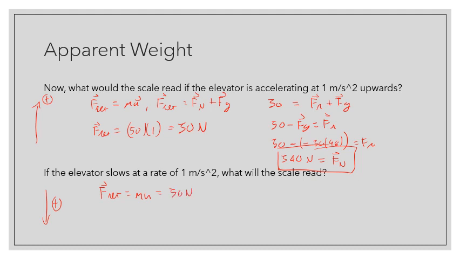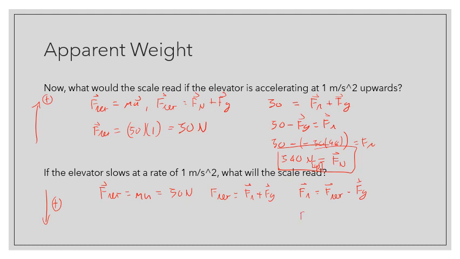So we have F net equals Fn plus Fg. Note here that this is up. So Fn is equal to F net minus Fg.